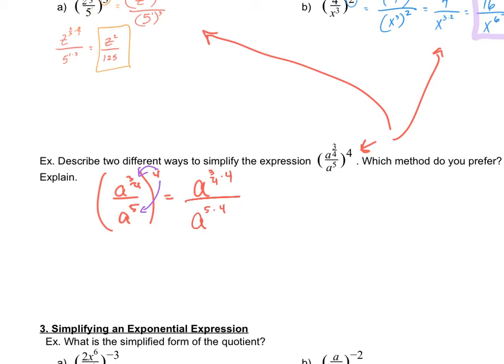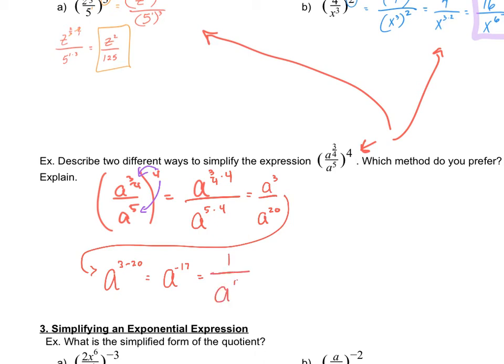Now, in doing so, we simplified this, and that would give us a to the third over a to the 20th. Combining like terms, now we are dividing with the same base, so we would have a to the third minus 20, which is going to be a to the negative 17, which is also 1 over a to the 17th. That's one way to do it.